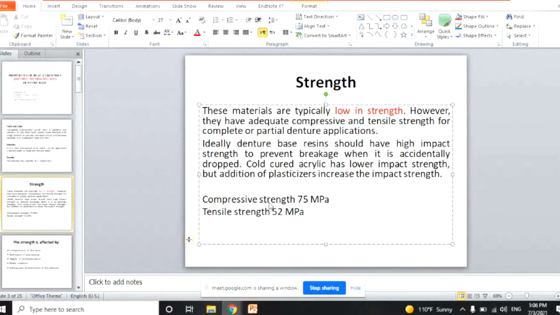We have some types of acrylic resin: hot cure resin, cold cure resin, visible light cure resin, and microwave acrylic resin. The cold cure resin has the lowest impact strength when compared to other types of acrylic resin.